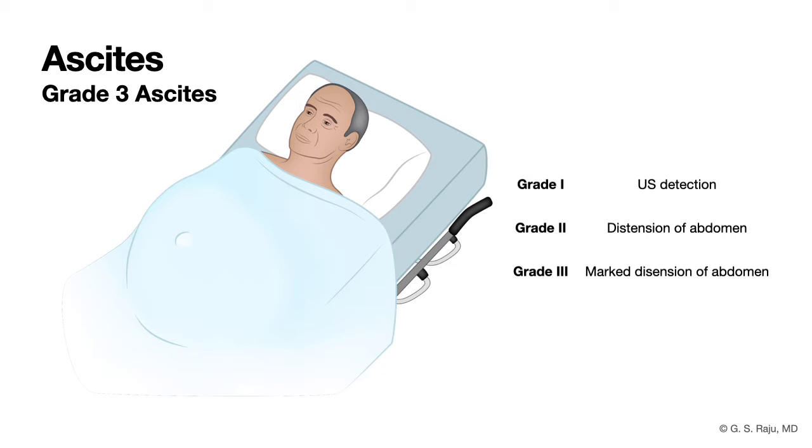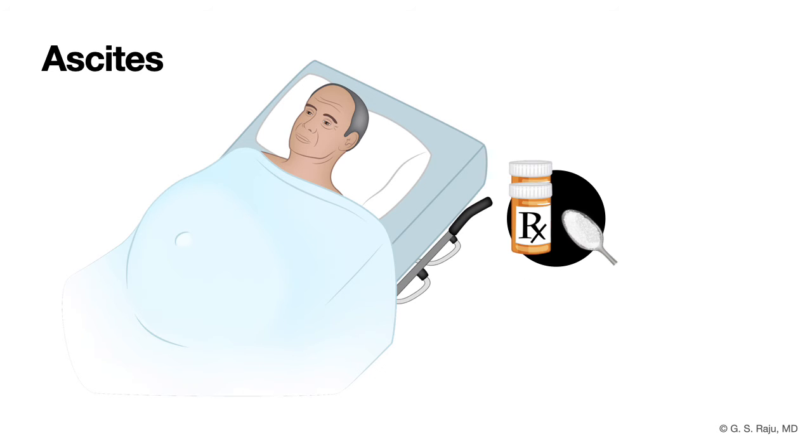Grade 2 needs therapy, and the therapy is usually a combination of salt restriction, sodium restriction to less than 2 grams per day, and a combination of aldosterone antagonist and loop diuretic, spironolactone and furosemide.